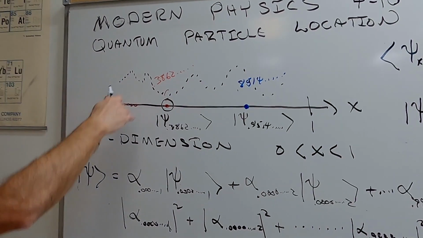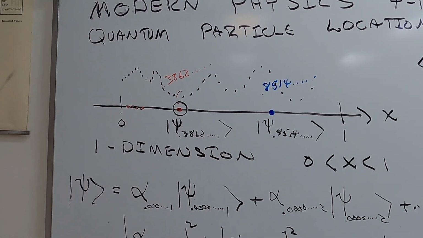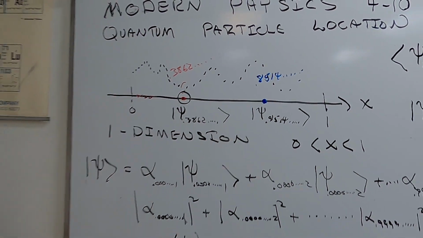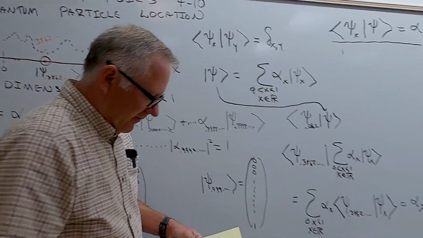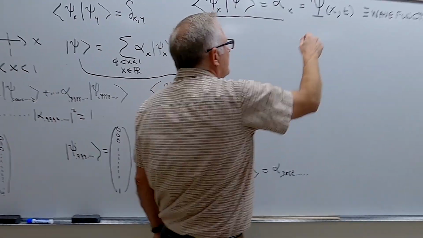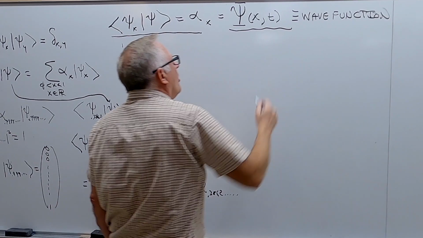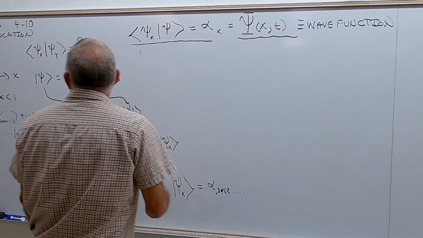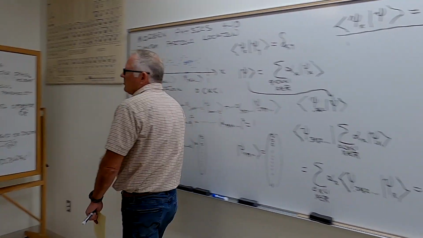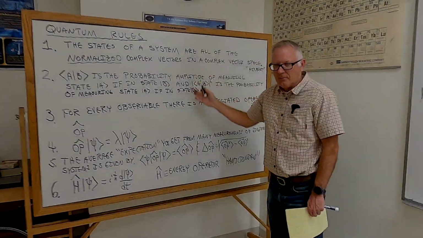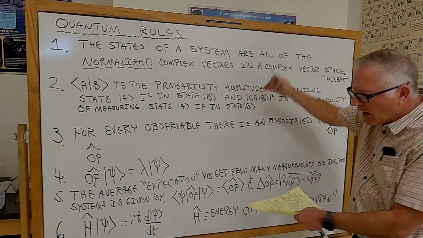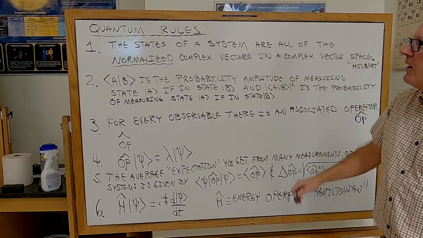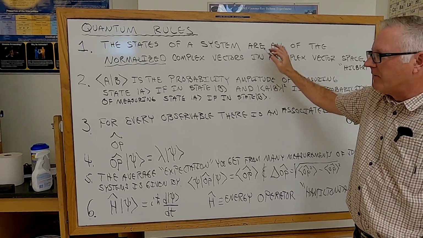And that would be kind of the wave function. It's just the probability amplitude of finding the particle at a particular value of x. So this is now what we're going to use. We won't use states anymore, so our rules are going to change a little bit. We have to modify our rules so they work with the wave function.